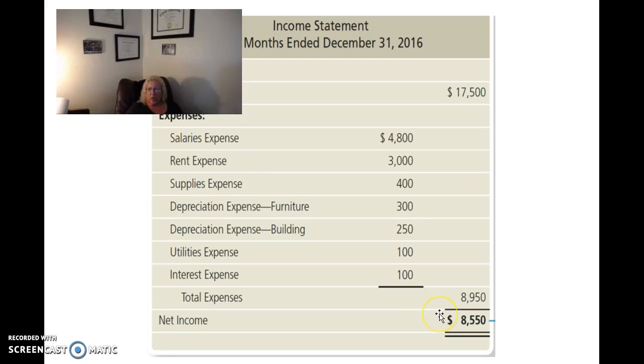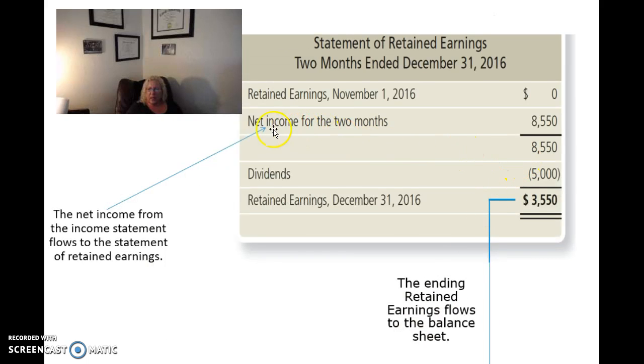So now that we have this $8,550 figure, we can take that and we can plug it in here on the statement of retained earnings. So right here it says net income for the 2 months, or it might just say net income. And we just plug that in. Now here they have retained earnings November 1st, 2016, 0. If it is a brand new business, and we'll just assume this is the first 2 months that they're doing business, your beginning balance here is going to be 0.